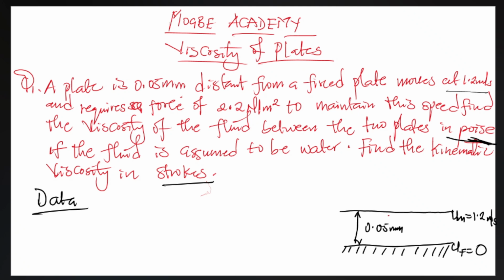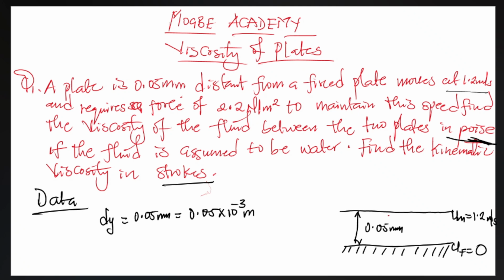Now from what we have here, we can see that the distance is 0.05 millimeter, and you want to convert this to meter. You multiply with 10 raised to the power of -3. So this is 0.05 times 10 raised to the power of -3.